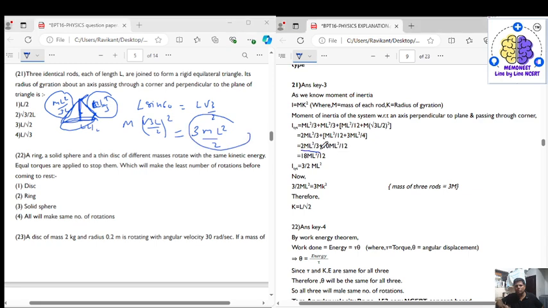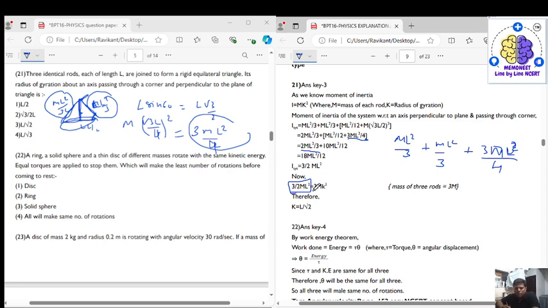So 2 mL square by 3 plus 3 mL square by 4 will give you net moment of inertia as 3 by 2 mL square. Net moment of inertia is 3 by 2 mL square.